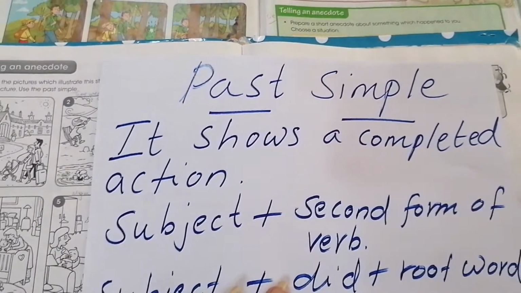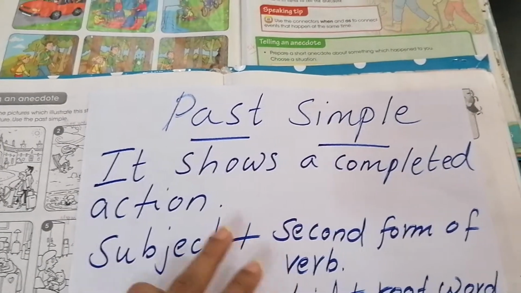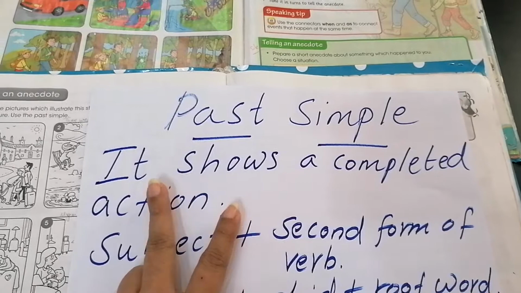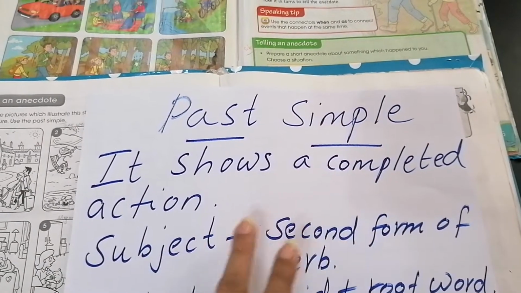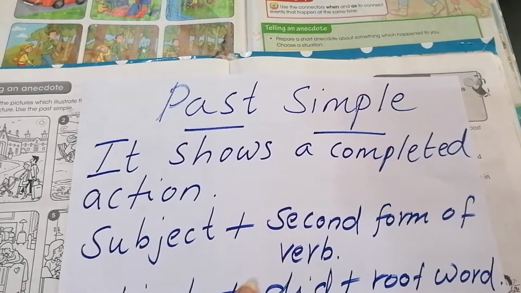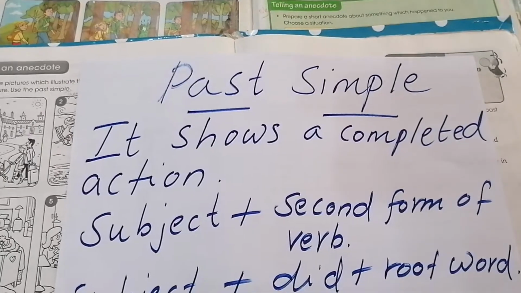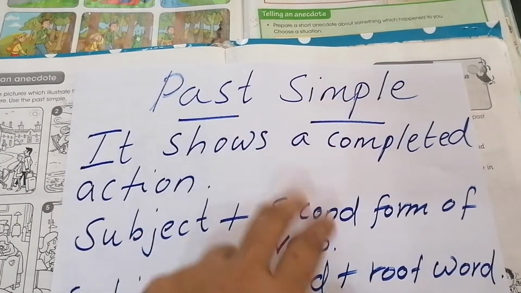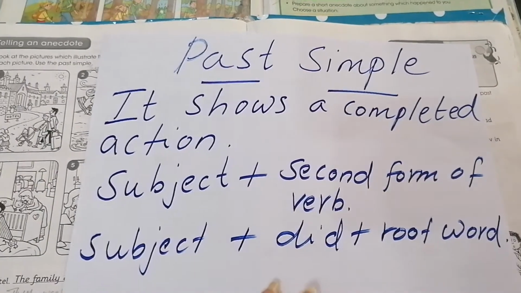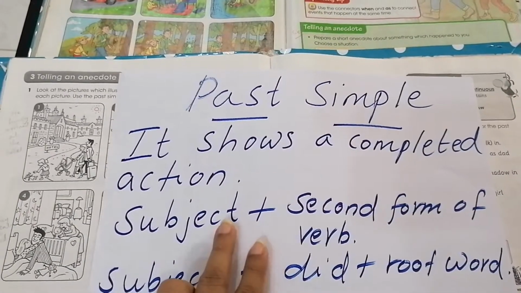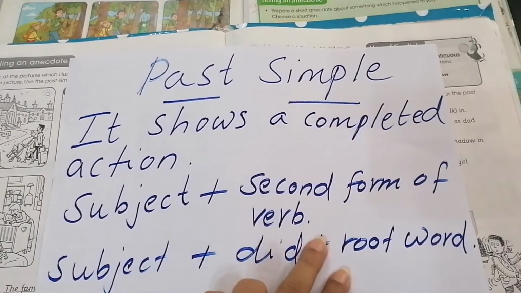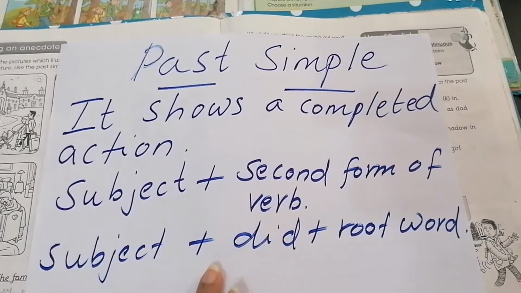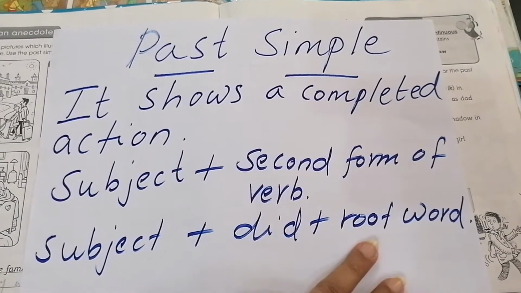What do you mean by past simple tense? Where can we use past simple? It shows a completed action. Past means an action that has already finished, completed. So in this situation we can use past simple, and it has a format. The format is subject plus second form of the verb, or subject plus did plus root word.